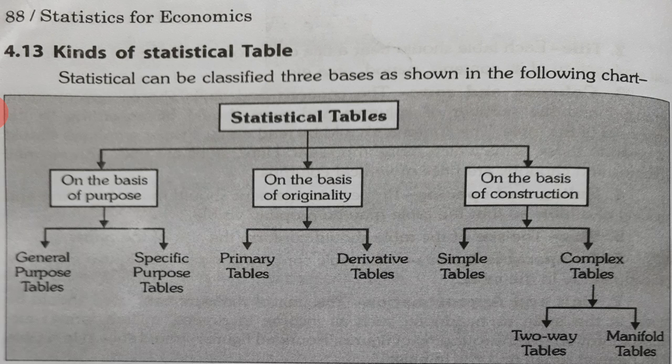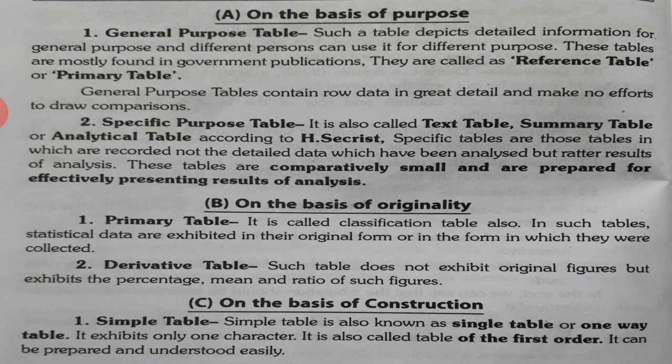On the basis of purpose: general purpose and specific purpose. Originality: primary tables or derivative tables. Then basis of construction: simple tables and complex tables. Complex tables are again either two-way or manifold. So we'll see one by one.